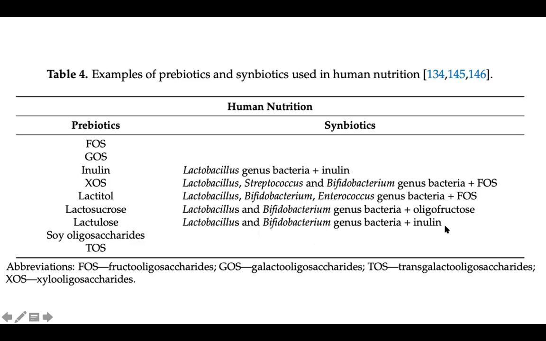And these are the commercially important prebiotics and synbiotics used in human nutrition. Even in case of other animals, there are similar kinds of prebiotics and synbiotics. So this is all for today, because if I tell you too much, you cannot carry on.